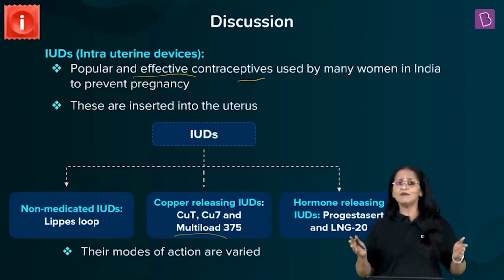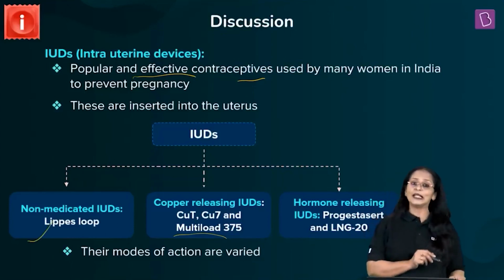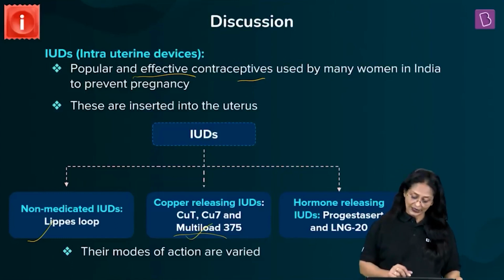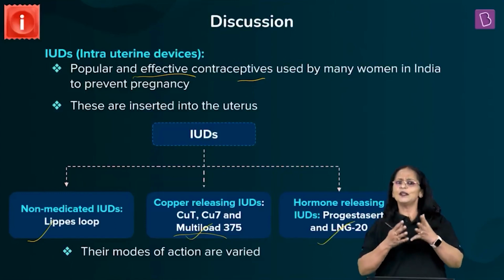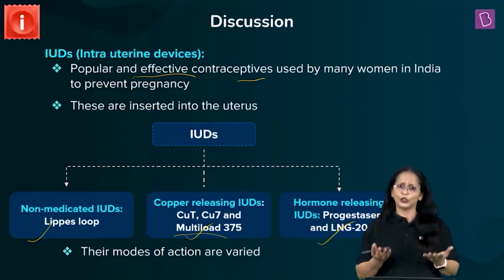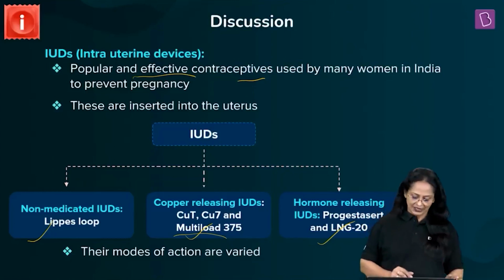So their mode of action varies for each one. One is non-medicated, the other one is releasing copper ions, and the other one releases hormones. So they act on different things, it could be to affect the motility of the sperms or to alter the environment of the uterus. So their method of working varies.